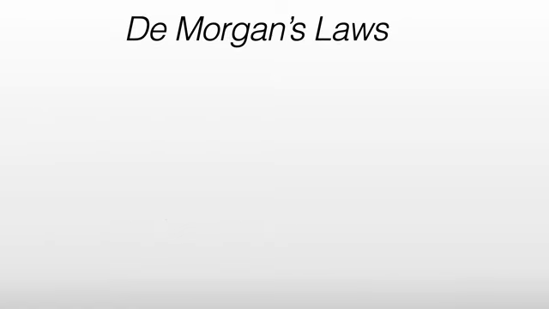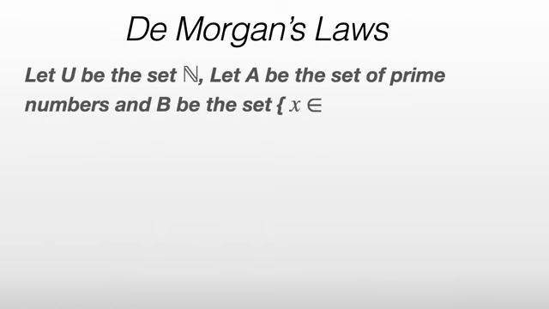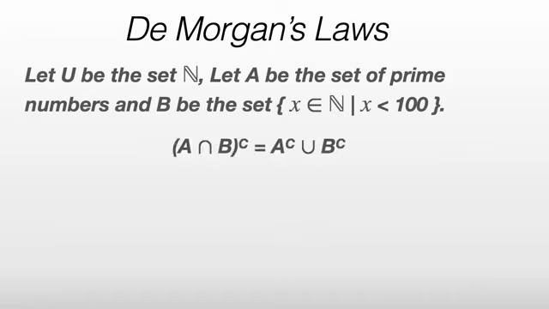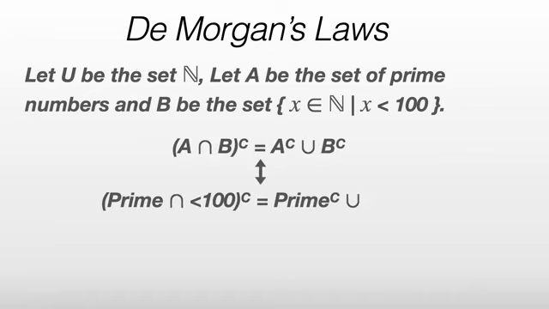To illustrate the second law, if U is the set of natural numbers, let A be the set of prime numbers and B be the set of x in the natural numbers such that x is less than 100. Using De Morgan's law, we get that the complement of prime and less than 100 is equal to the complement of prime numbers or the complement of less than 100.